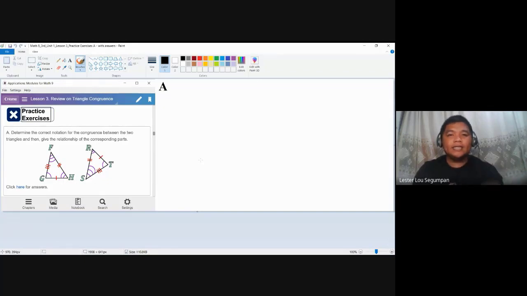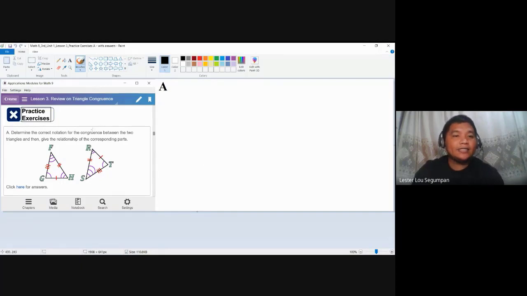This is very easy. This video will be very short because this is just on identification of which parts are corresponding or not. This may seem easy, but if you're not going to practice identifying the corresponding parts, it will be very difficult for you to understand similarity, corresponding sides, and corresponding angles of triangle similarity later on.